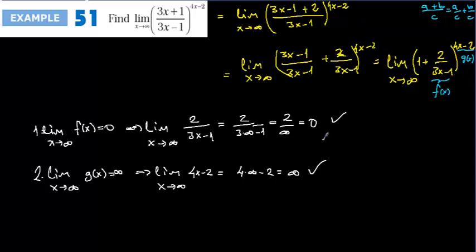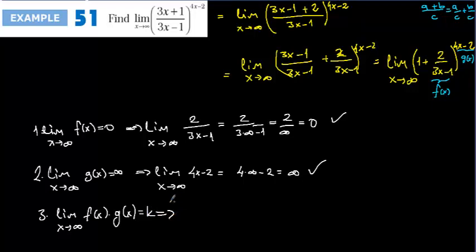So the second condition is also satisfied. And the third one is going to be limit x tends to x0, for this question it is equal to infinity, fx times gx must be equal to k.